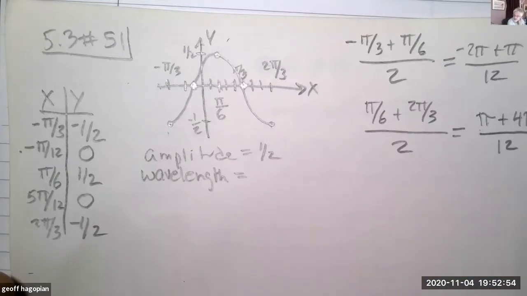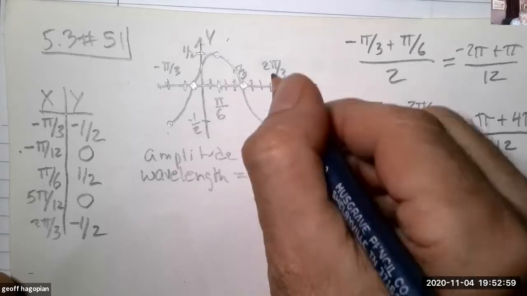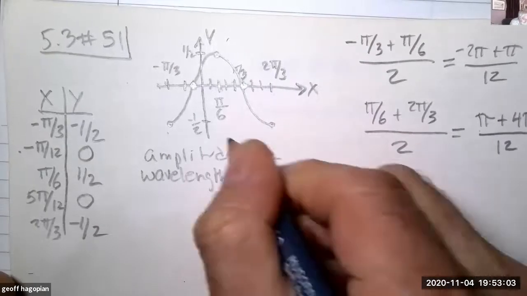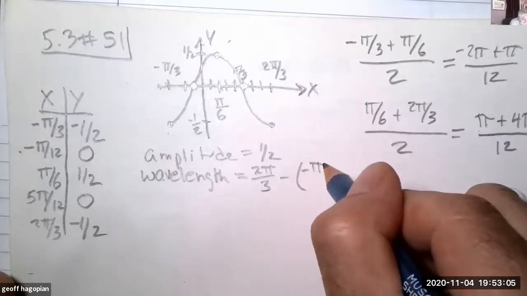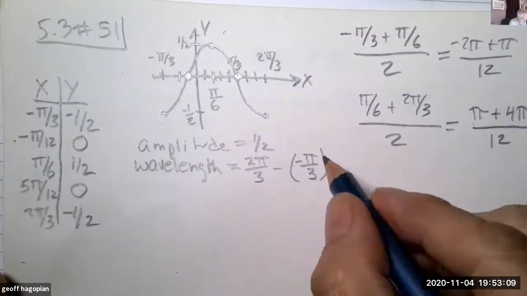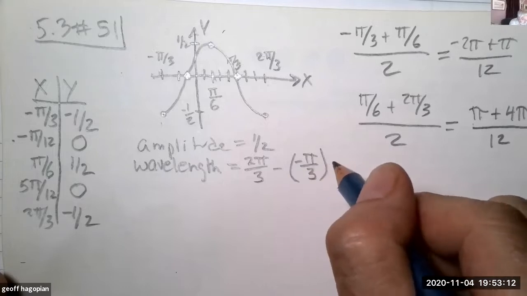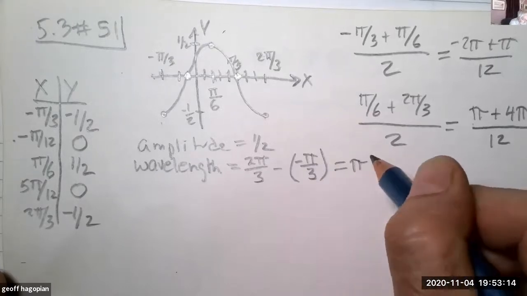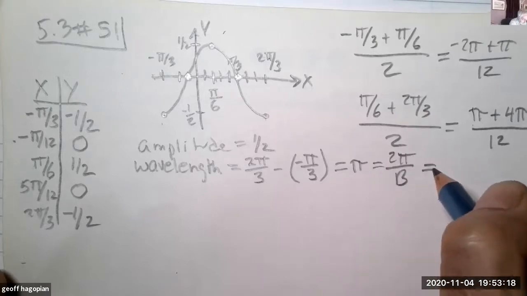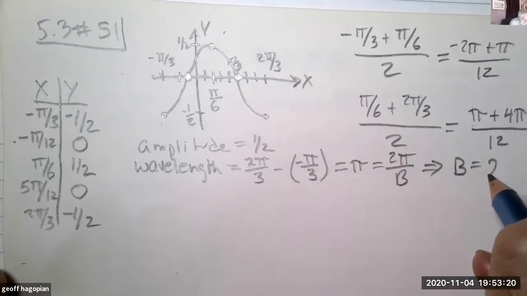That's 2 pi over 3 minus negative pi over 12. Okay, so 2 pi over 3 minus the left endpoint. You subtract the left endpoint from the right endpoint, you get the length of the interval. And so that's going to be pi, right? Which is equal to 2 pi over b. And that implies that b is equal to 2.